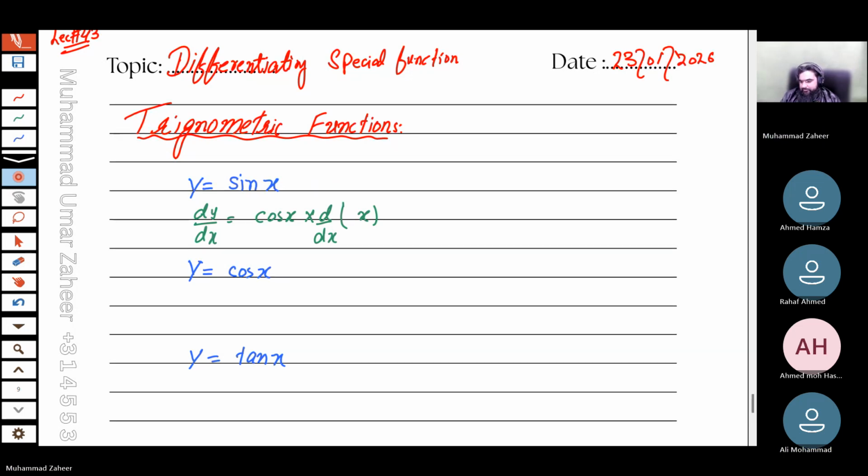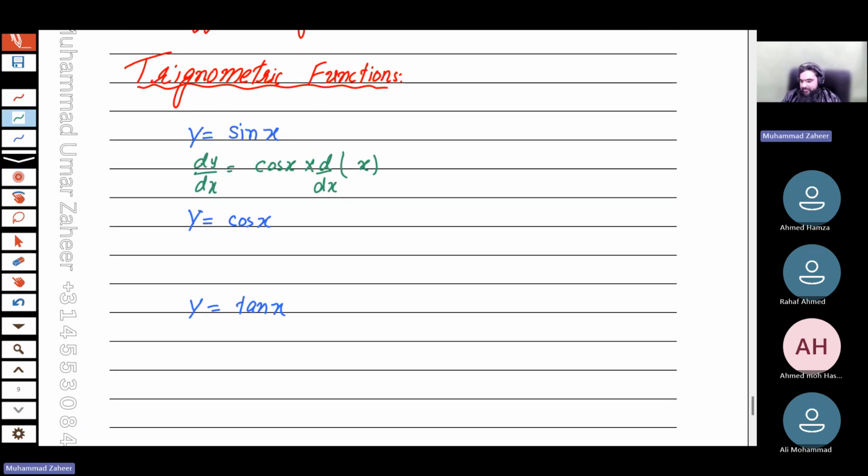Now, the derivative of cos is minus sine, multiplied by the derivative of the angle. Same thing: if the angle is x, you write x. If it is 2x, it will be 2x. If it is 3x, you write 3x.